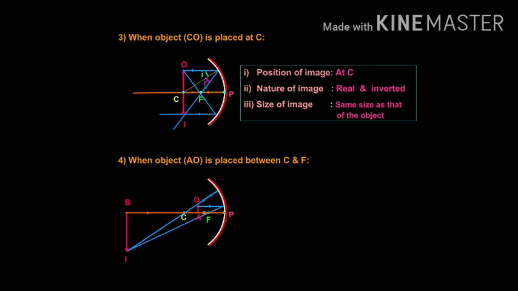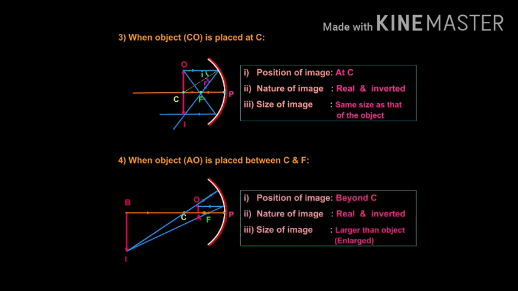So the properties can easily be understood from drawing the ray diagram. Once the diagram is clear, the properties are clear: the image is inverted, that is clearly seen from this diagram. The image is real since the light rays are actually meeting, and it is magnified. So these are the properties.